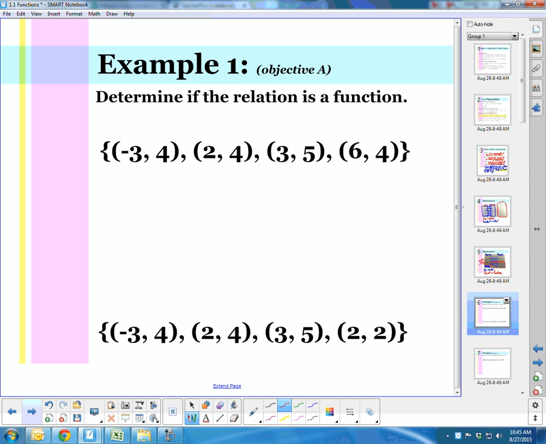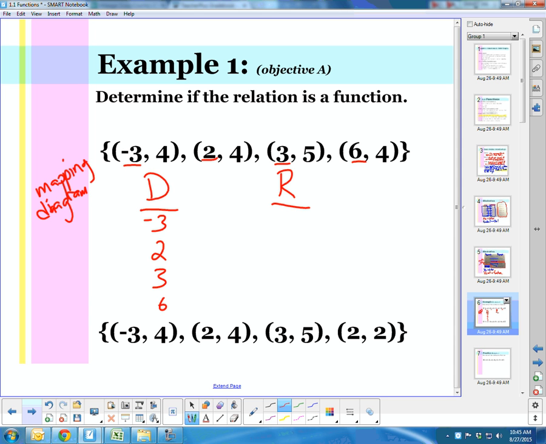One very quick way to do this is to create a mapping diagram, where you list your domain elements and you list your range elements. So my domain elements are -3, 2, 3, and 6. My range elements are 4, and I've got 4 again, so I don't need to list it, 5, and 4 again, so I don't need to list it.